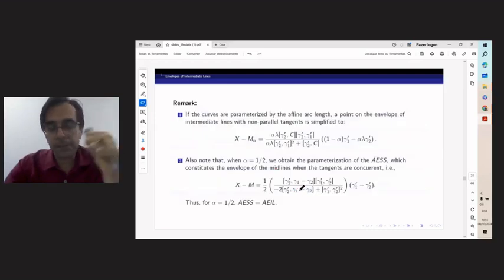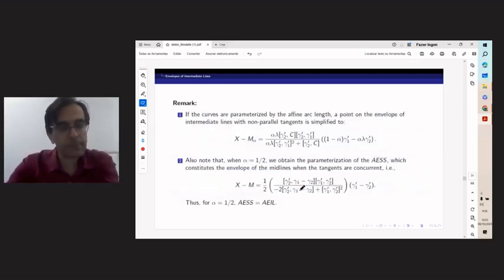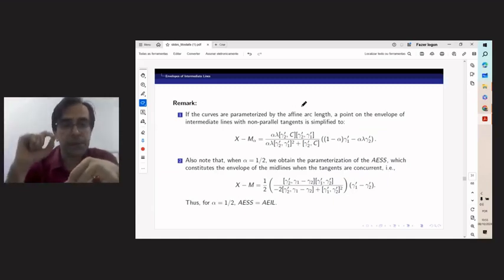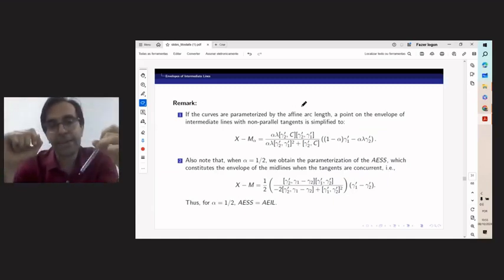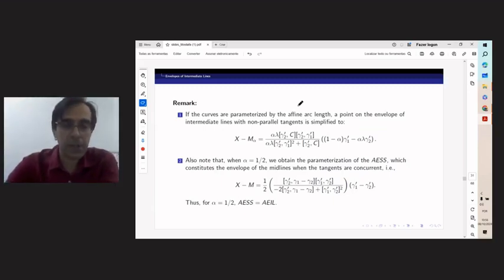I put two remarks here. If both points have affine arc length parameterization, this envelope simplifies to this, and this is actually the envelope.